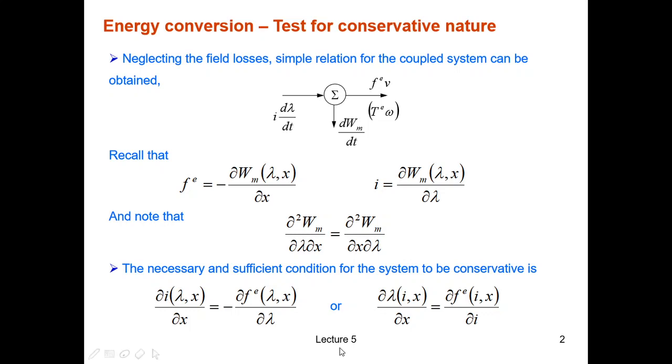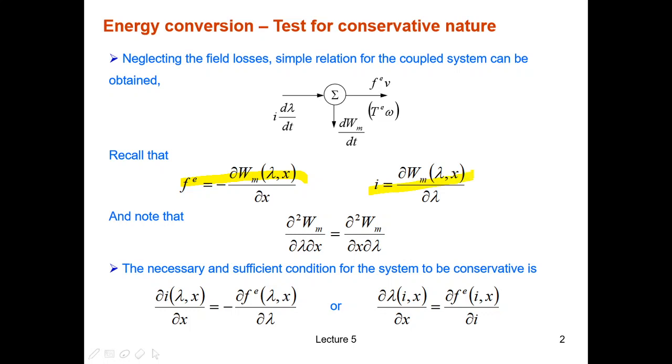Now, if you remember, we have this formula to calculate the force or the torque of electric origin. Okay, and we also find out that we can calculate the current if we are using energy function.